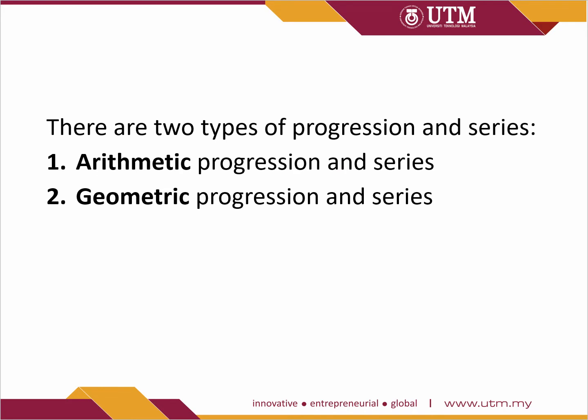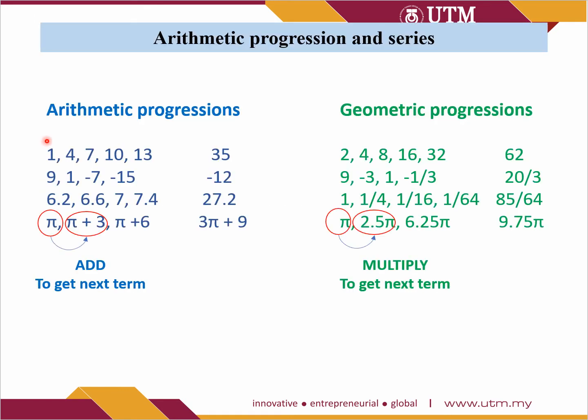For progression and series, there are two types, which are arithmetic progression and series, and the second one is geometric progression and series. So an arithmetic progression is given as this one, 1, 4, 7, 10, 13.